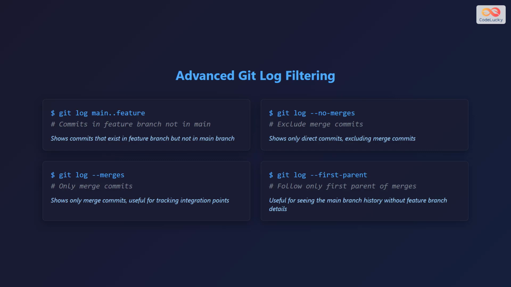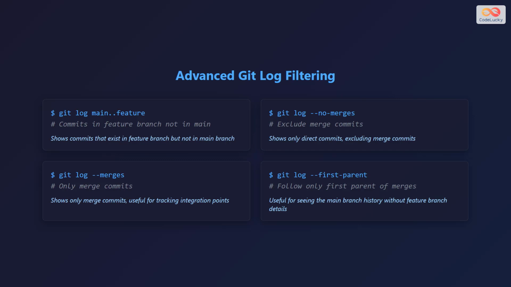For more advanced filtering, Git log offers several options to narrow down the commit history based on specific criteria. To show commits that are present in one branch but not in another, you can use the git log main..feature syntax. This will display commits that exist in the feature branch but not in the main branch. To exclude merge commits from the log output, you can use the --no-merges option.